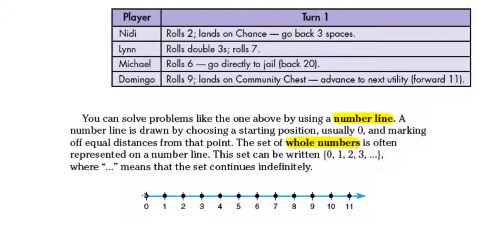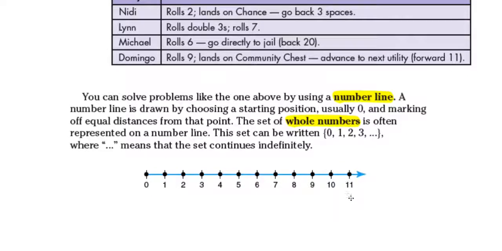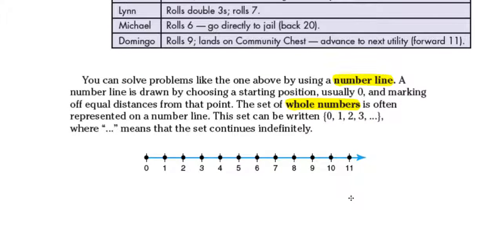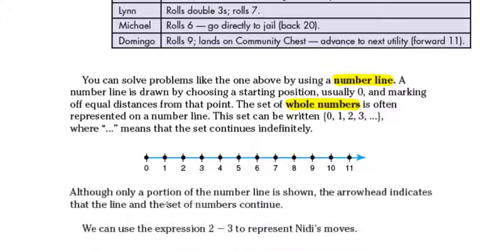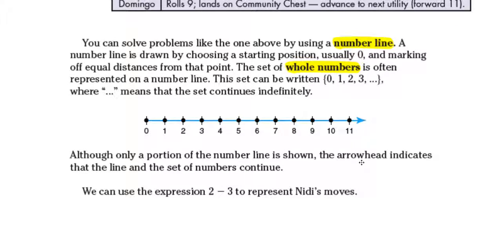It starts from 0, which we also call the origin in the coordinate plane, and goes all the way to the right. This is what we call the set of whole numbers. Although only a portion of the number line is shown, the arrowhead indicates that the line and the set of numbers continue indefinitely.